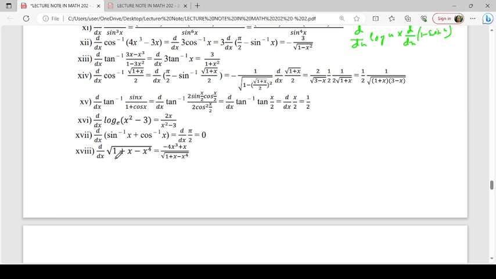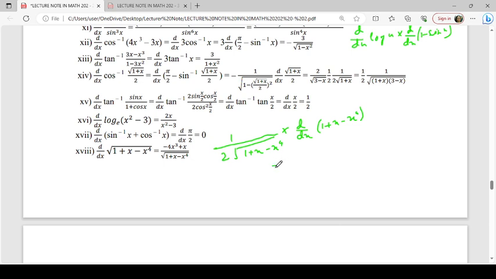D/dx of this is 1 by 2 root over, so number 8, this one is 1 by 2 root over 1 plus x minus x to the power 4, if it is u, into d/dx of 1 plus x minus x to the power 4.